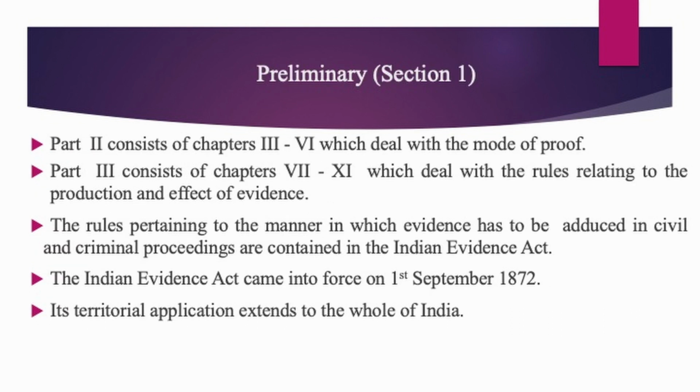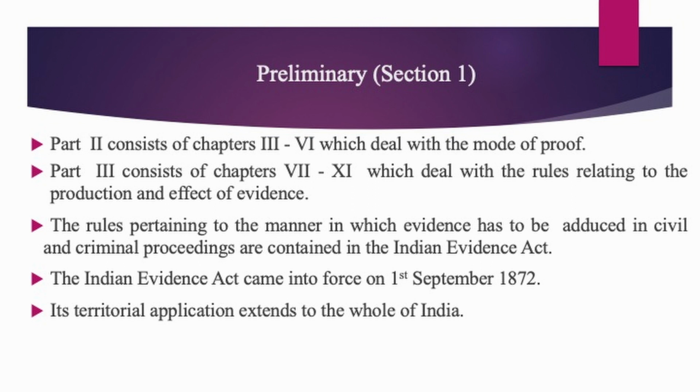Part 2 consists of chapters 3 to 6, dealing with the mode of proof. Part 3 consists of chapters 7 to 11, and they deal with the rules regarding the production and effect of evidence. The Indian Evidence Act lays down rules pertaining to the manner in which evidence has to be adduced in civil and criminal proceedings.